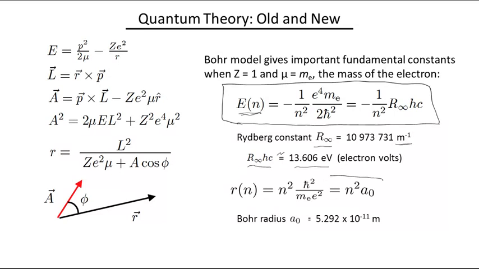Now, another thing that falls out very nicely from the Bohr theory, and at least this type of scaling is retained in modern quantum mechanics, is the relationship between the radius of the orbit and the so-called principal quantum number. So the radius goes as the square of the principal quantum number, and the coefficient of proportionality is the length, the Bohr radius, which takes this value.